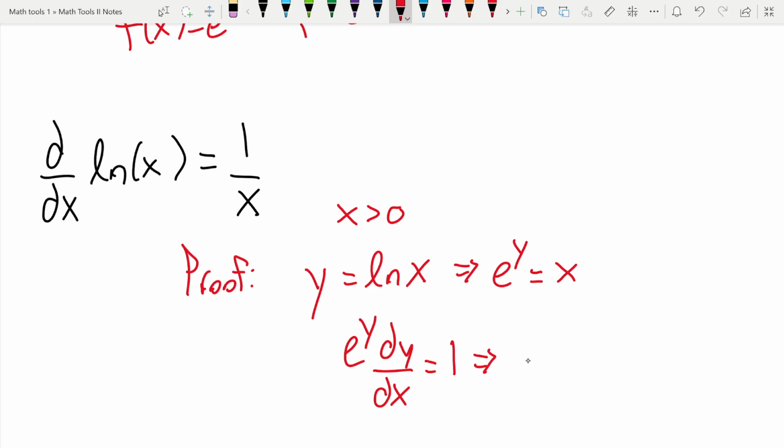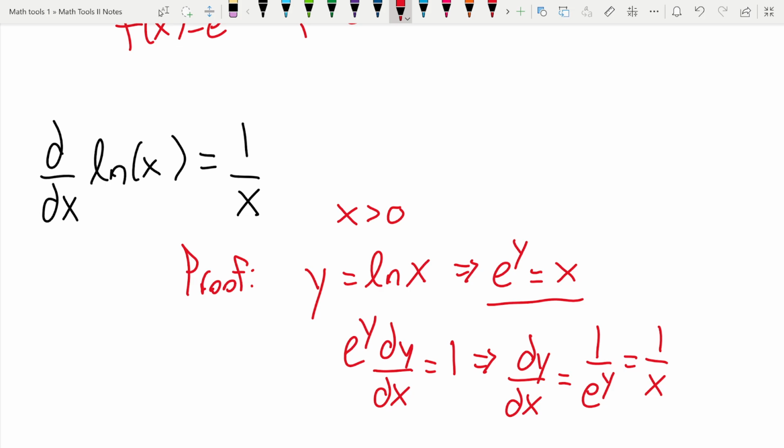And then this is going to imply that dy dx equals 1 over e to the y. Okay. And 1 over e to the y is the same thing as 1 over x because of this part right here. So we'll revisit that when we get to the implicit differentiation chapter. But this is the idea right here.